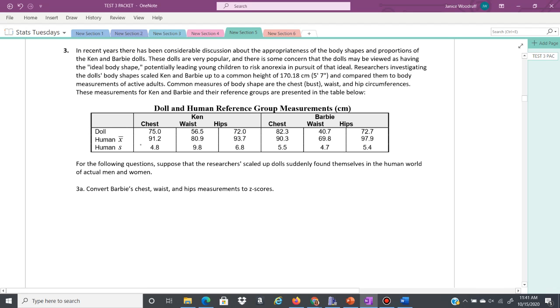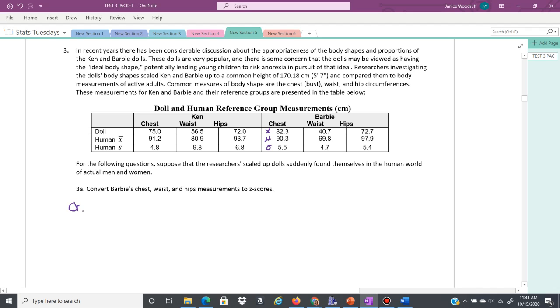Okay, so what this is telling you here, this is the doll value, the human mean, and the human standard deviation for each of these. Okay, so what it says here is convert Barbie's chest, waist, and hip measurements to z-scores. So Barbie, your chest measurement, you're just converting this to a z-score. So this is your x, this is your mean, this is your standard deviation.